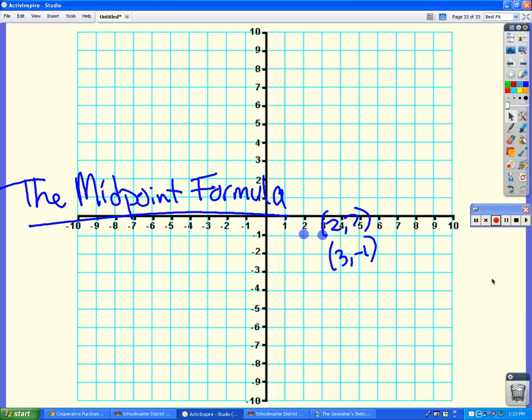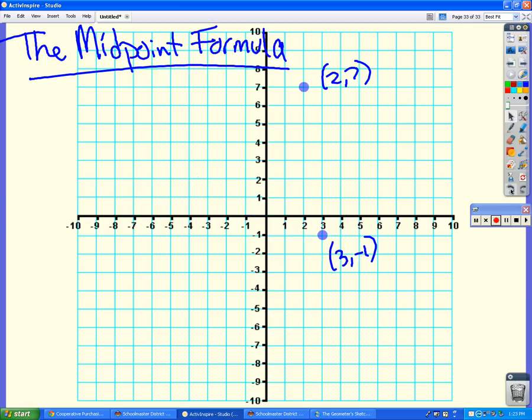How would you find the midpoint in between those 2 points? What would the x-coordinate of the midpoint of those 2 points be, Nikki? Right, I would add the x-coordinate of this one is 2, and I would add the x-coordinate of this one is 3, and what would I do with that answer? Divided by 2, so I'm just trying to find the average, right in between there, and that would give me 2.5, and it's pretty clear that the x-coordinate is going to be right in there, 2.5, yes?